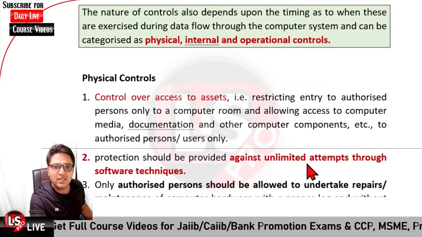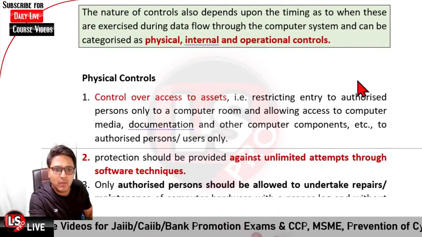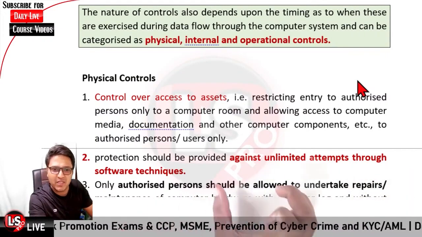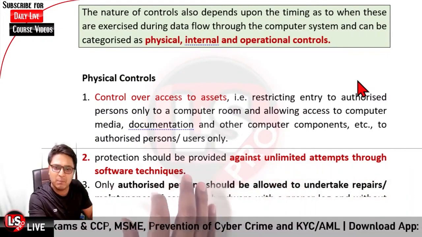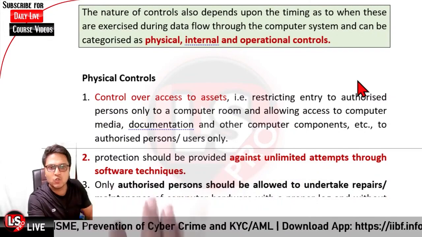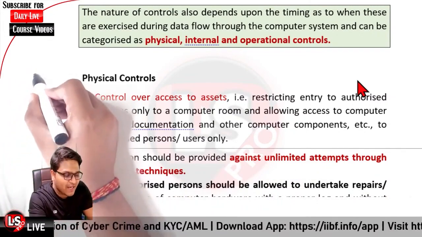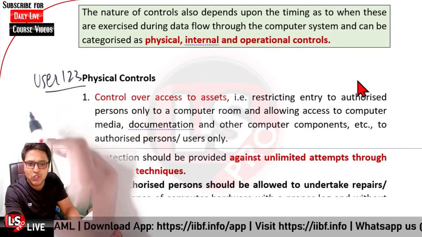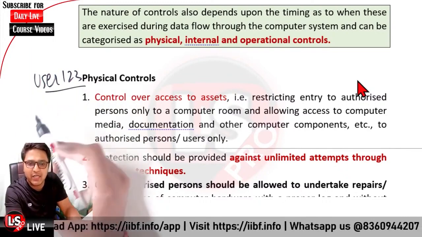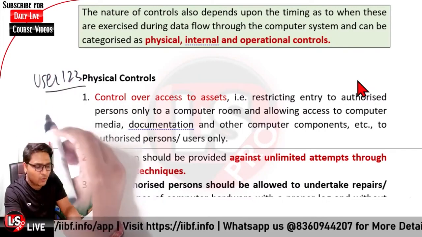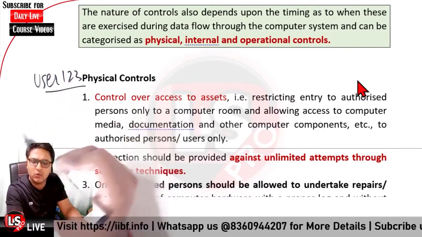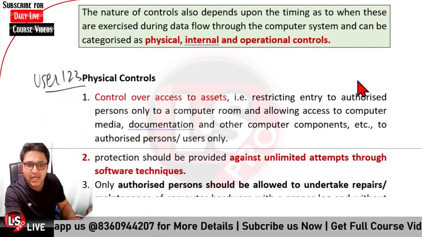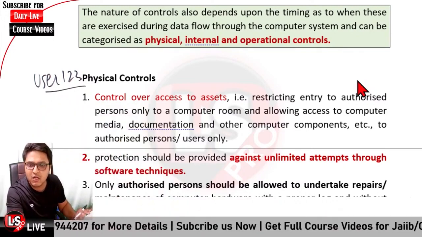Second, protection should be provided against unlimited attempts through software techniques. It should not be the case that you can try passwords unlimited times. If you are logging in with the ID user 123 and you need to enter the password, you should be able to try the password at most 3 to 5 times, and when you exceed the attempts, the system will be blocked if it is not the right one.